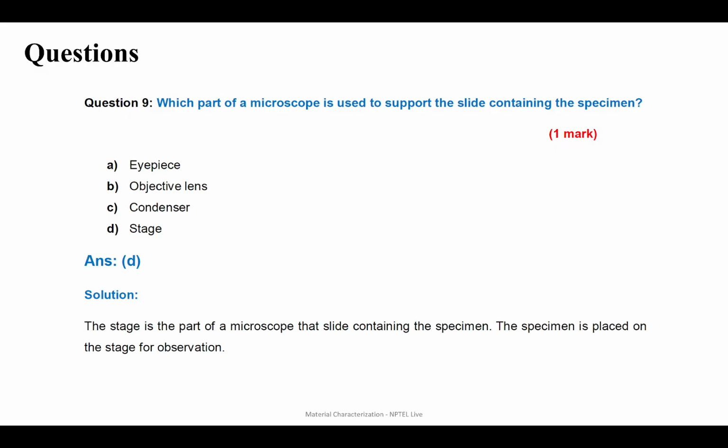The correct answer will be D, stage. The stage is the part of the microscope where the slide containing the specimen is kept. Eyepiece is used for observation. Objective lens is used for magnification, and the condenser is used to focus the light on the specimen.